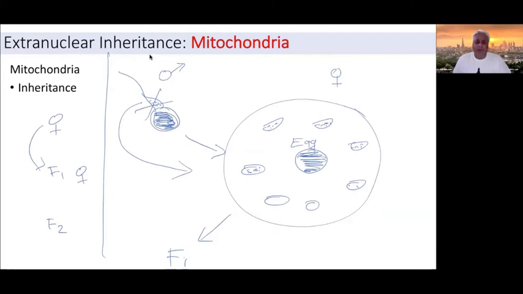So we call that situation heterogamy, right? Heterogamy. That means they're not all the same, they're different. And if that's the case, that can then give the cell a varied phenotype.